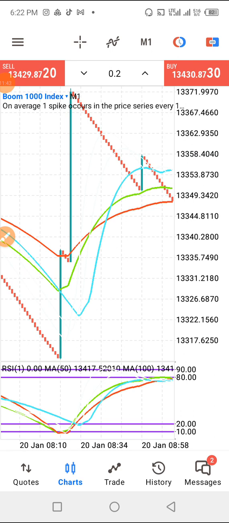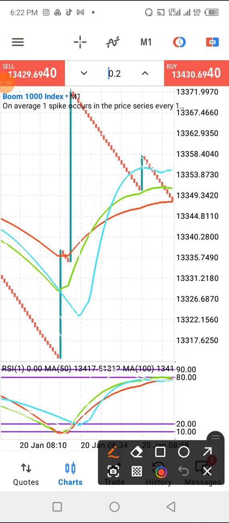Then one more thing I want to tell you is that when you notice there is a closure between these lines like this, make sure you don't open a trade, because at this point these lines, like I explained earlier, this green line, the reason why I took my first take profit, the first trade I opened before this green line, was because it's going to act as an area of support.